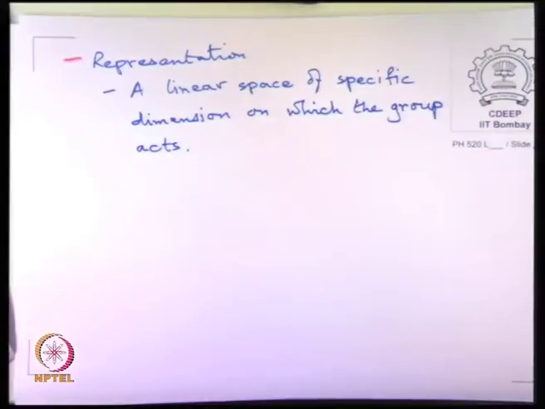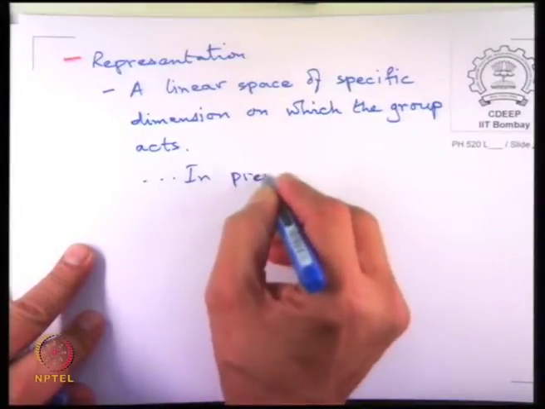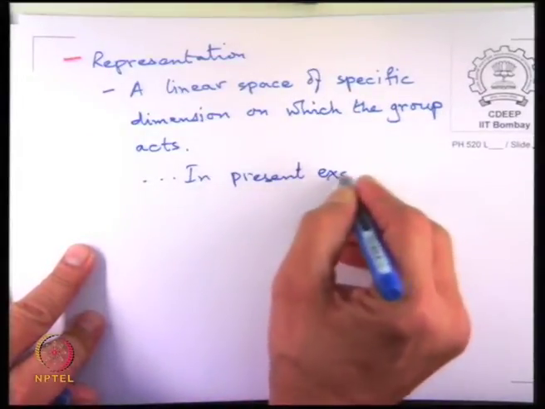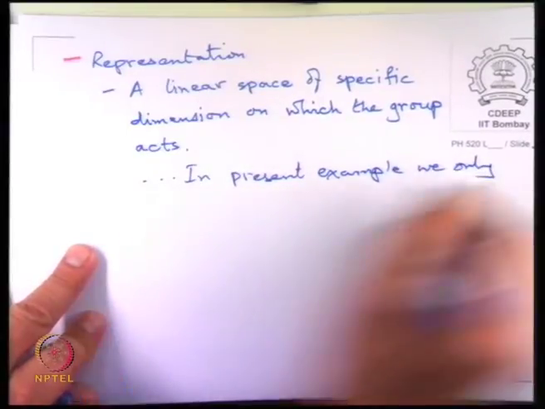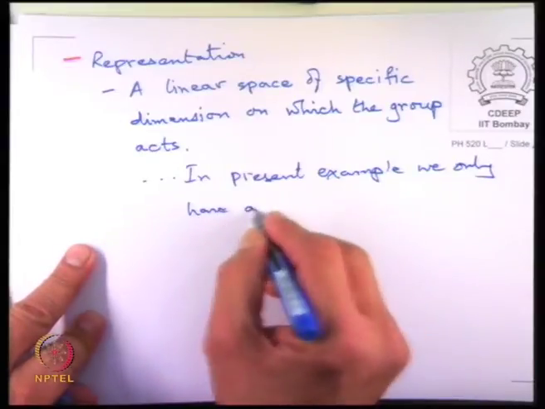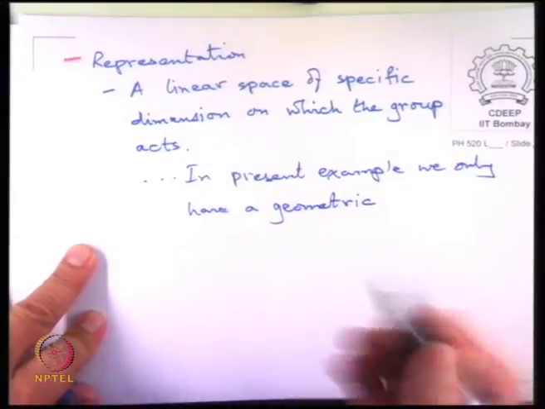Now here we have not actually laid out the linear nature too much, but you can say the 4 vertices or their location geometrically, we have only a geometric representation so far. In the present example, we only have a geometric representation which consists of the 4 configurations.